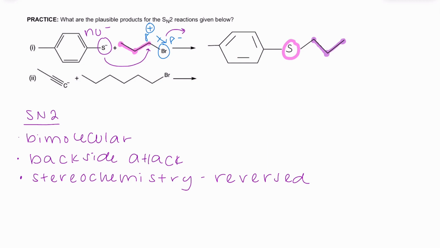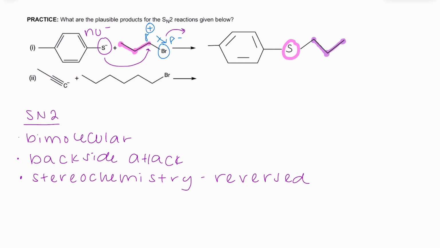In the second problem, we are given prop-1-yne-1-ide and 1-bromohexane. Again, we need to identify the nucleophile and the electrophile.